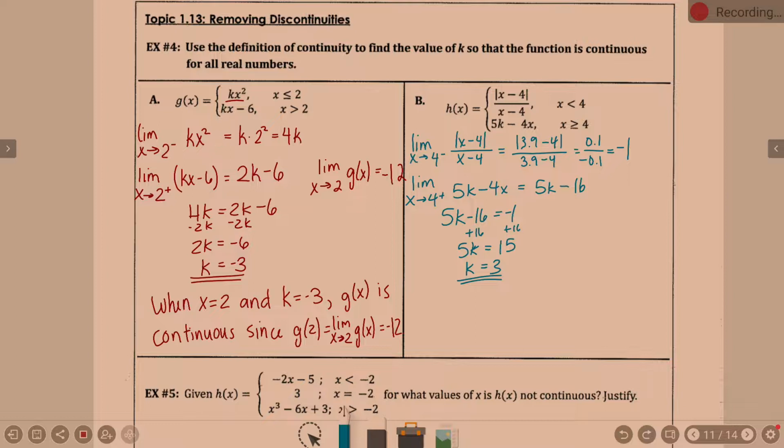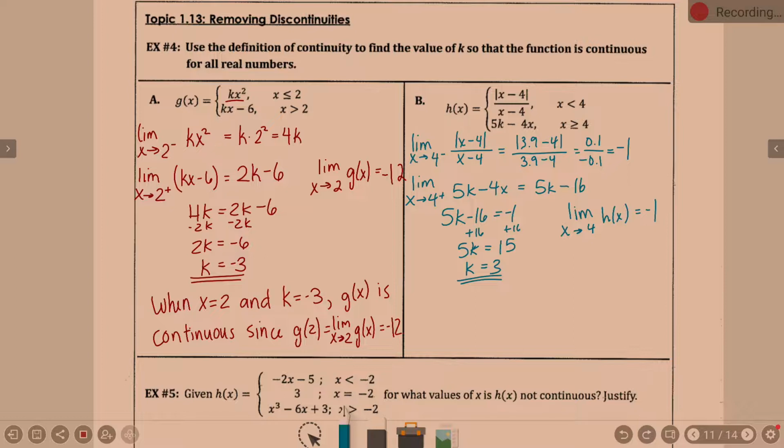So we do know that the limit as x approaches 4 of h of x is negative 1 on both sides, and x is going to equal 4 on that right side, yes, which is just the same.